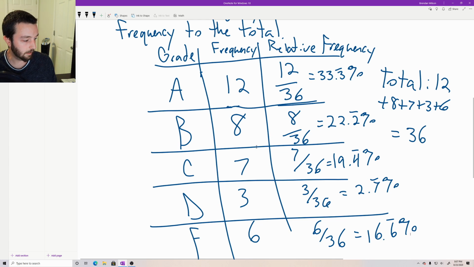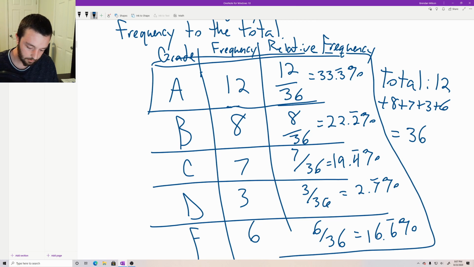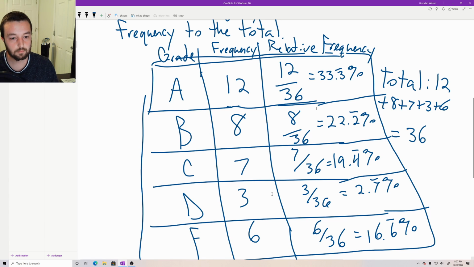Okay. So there's some nicer looking ones in the book. Maybe you want to connect these so it's like an actual table, right? Something like that. So yeah, this is how we make a frequency table.